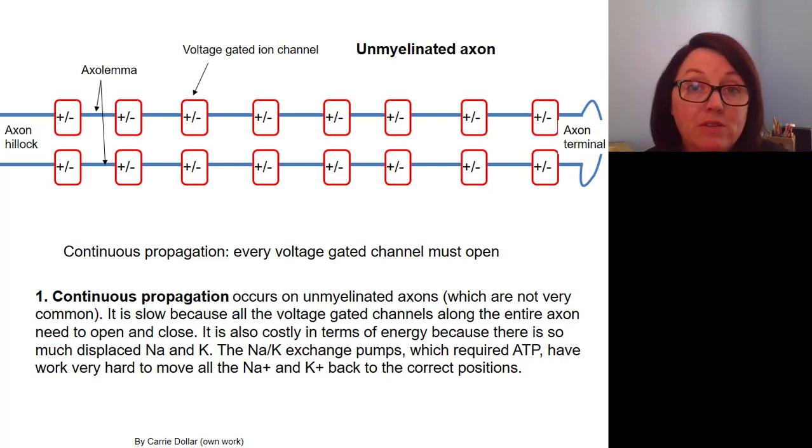And the way we replace sodium and potassium back into their correct positions is through the use of sodium-potassium exchange pumps, which require ATP. So that's why the continuous propagation is energetically costly, because we have to use a lot of sodium-potassium exchange pumps. So this is not very common.